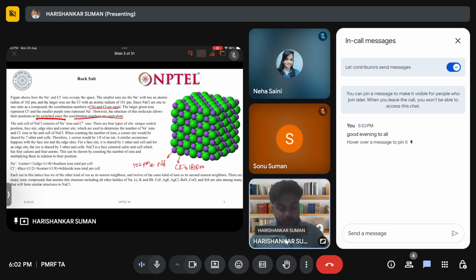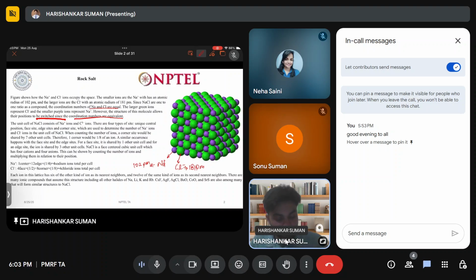So the unit cell of NaCl consists of Na+ and Cl- ions. There are four types of sites: body center, face site, edge site, and corner site, which are equally important. Determine the number of Na+ and Cl- ions in the unit cell.